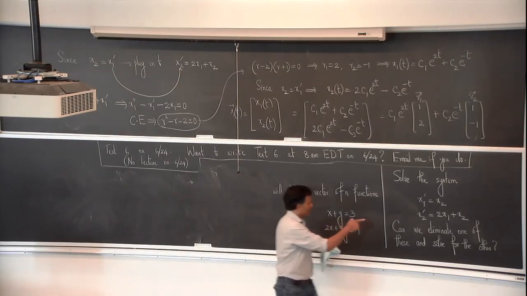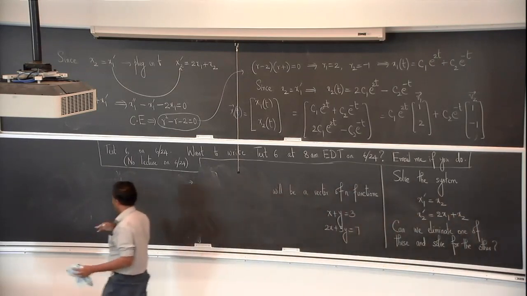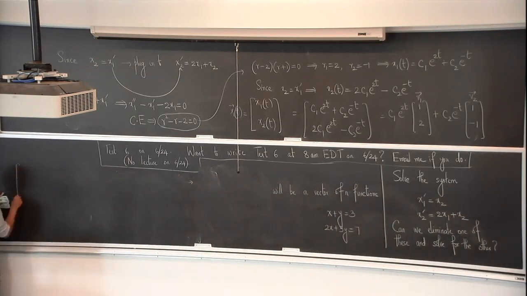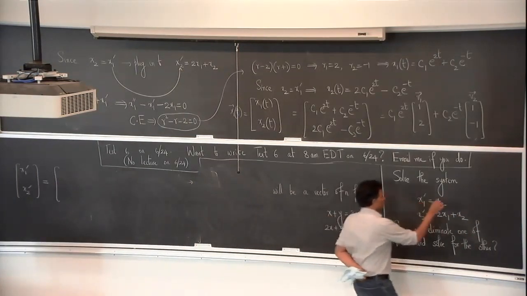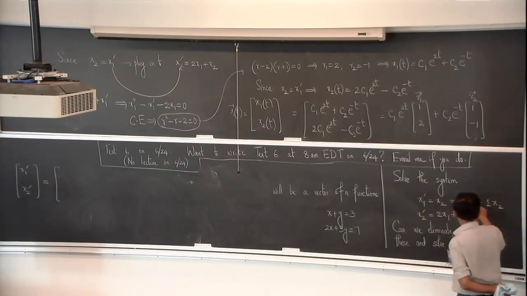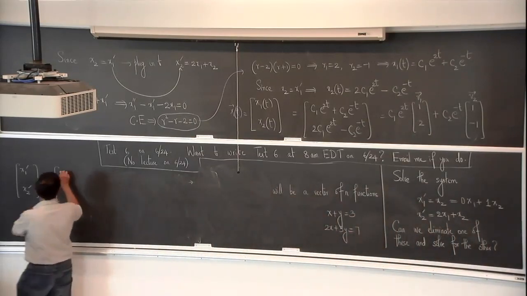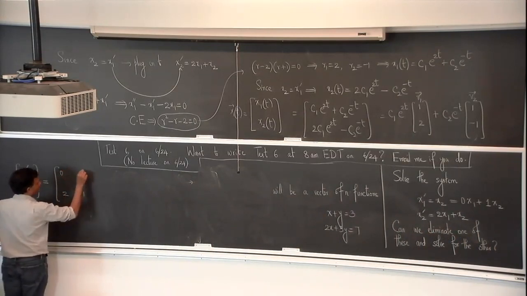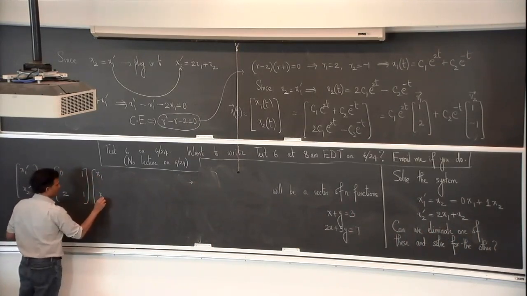So this is what I had initially. The vector form for this, all of you should know how to convert that into a matrix form, would be x1 prime, x2 prime equal to, remember that this x2 prime is 0 x1 plus x2. So when you write the matrix, it's going to be [0 1; 2 1] times the vector x1, x2.